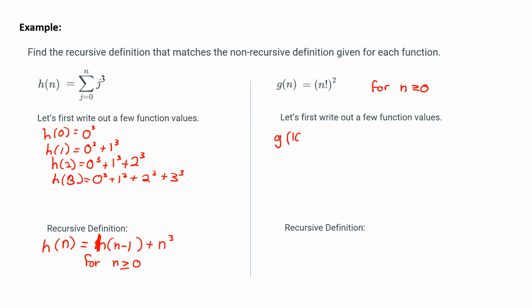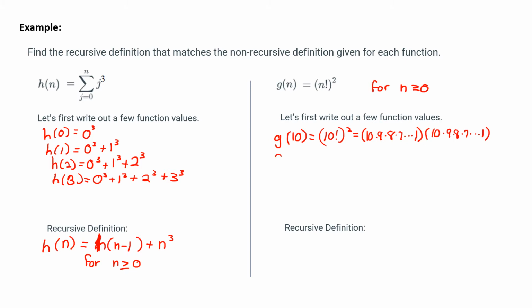Let's look at g of 10. That would be 10 factorial squared: 10 times 9 times 8 times 7, all the way down to 1, and then another 10 times 9 times 8 times 7, all the way down to 1, because it's squared.